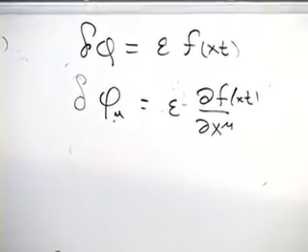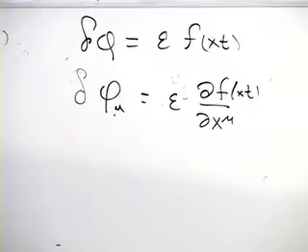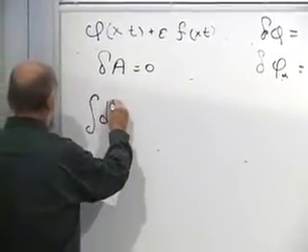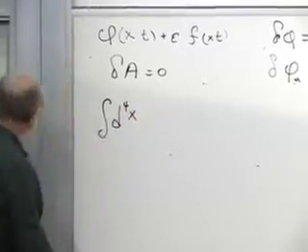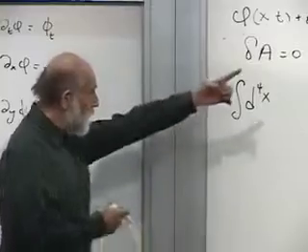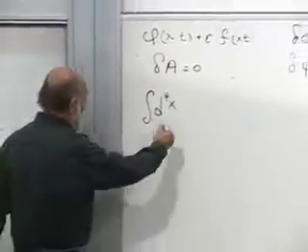Okay, so now let's calculate the change in the action. The change in the action is going to be the integral d4x times the change in the Lagrangian when I change the field a little bit. And what is that?